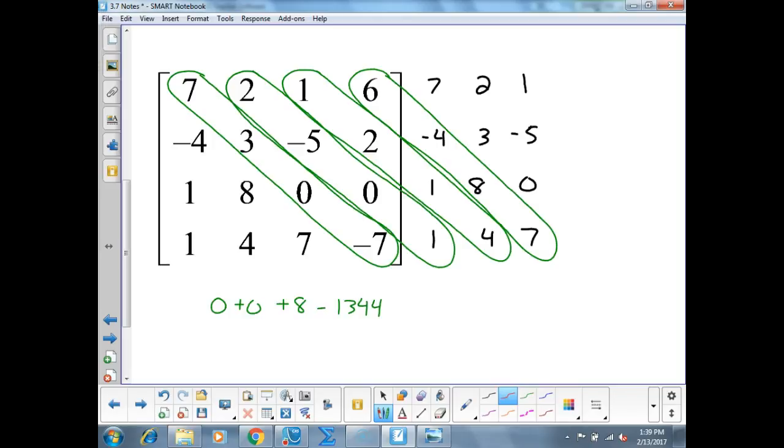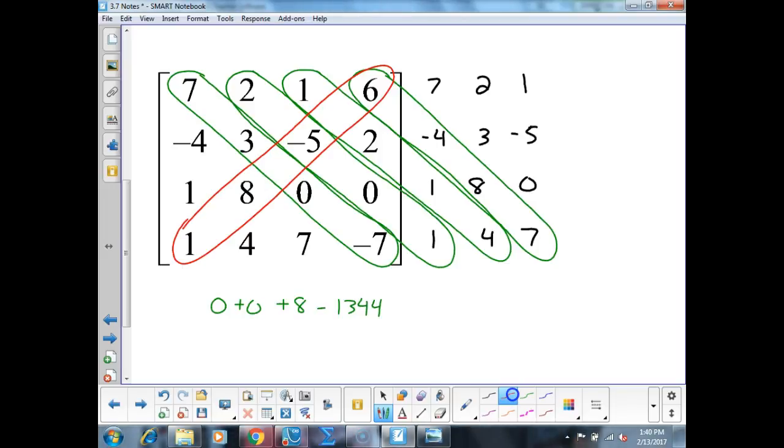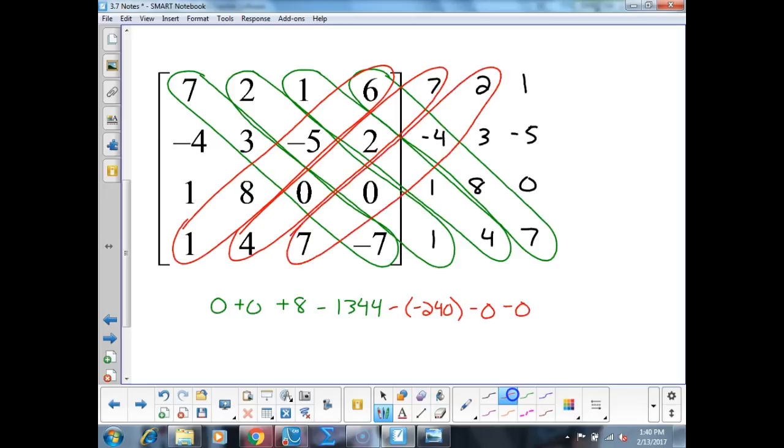So I gotta subtract off these: 6, -5, 8, and 1. -240. 4, 0, 2, and 7. 7, 0, -4, and 2. -7, 1, 3, and 1. Is that 453?